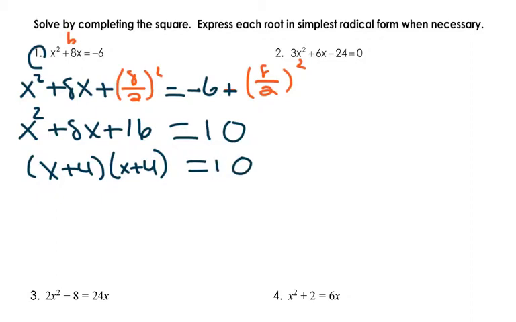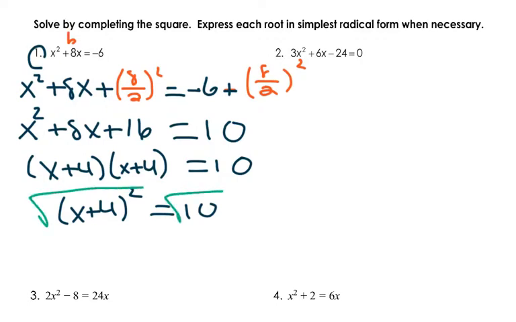And then I could say x plus 4 squared is equal to 10. I want to take the square root of both sides. So then we have x plus 4 equals positive or negative the square root of 10. And I'm solving for x, so I'm going to subtract 4 from both sides.